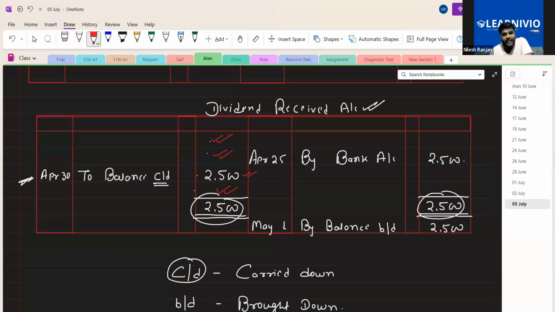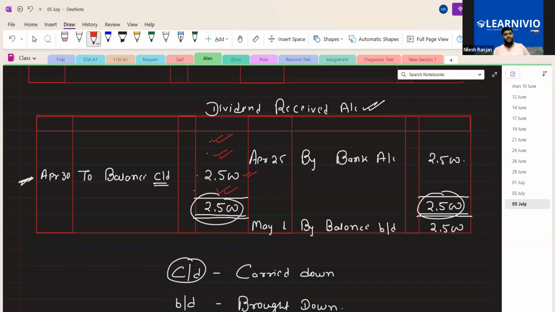Whatever line is blank, after writing the amount, you can write it anywhere. And then after the debit side 2,500, in the next line on the credit side you write balance brought down.